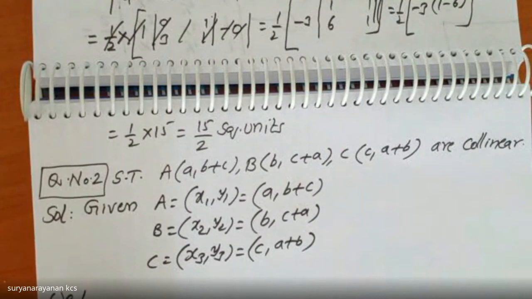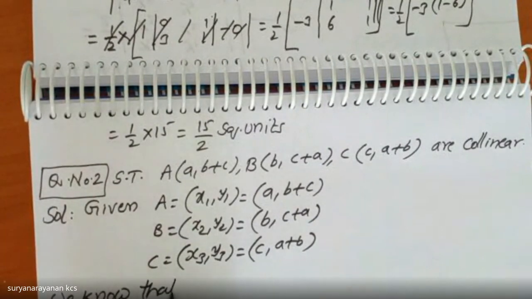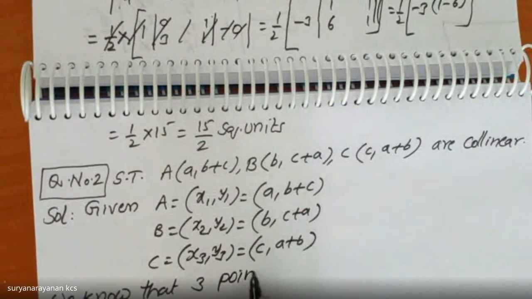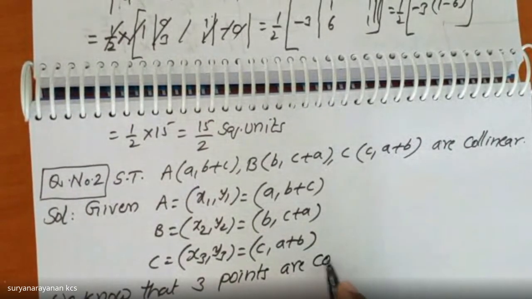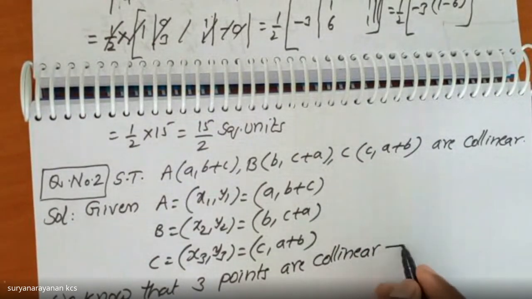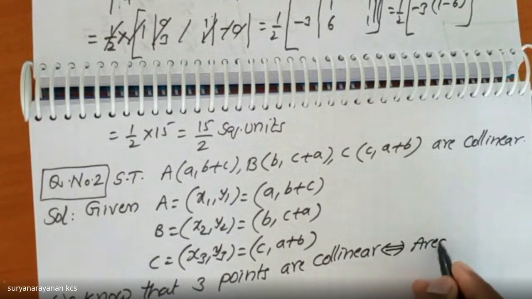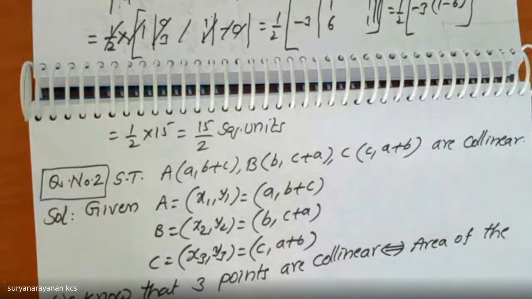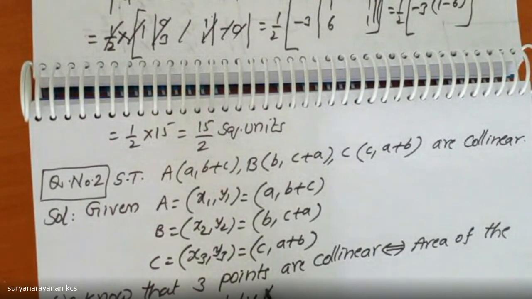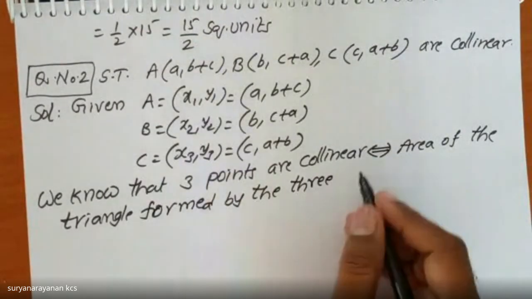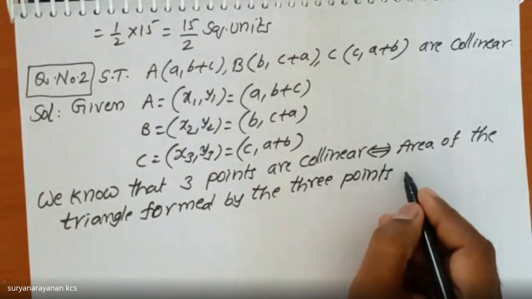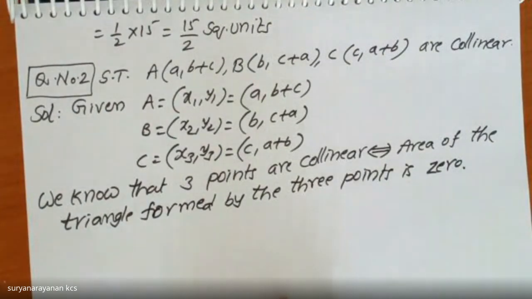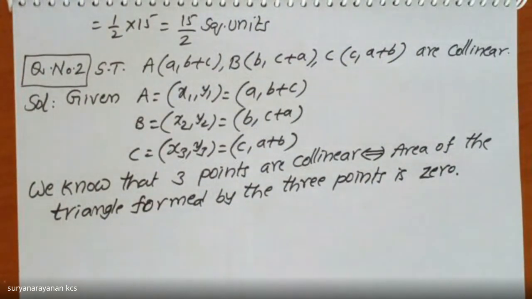We know that three points are collinear implies the area of the triangle formed by the 3 points is 0.